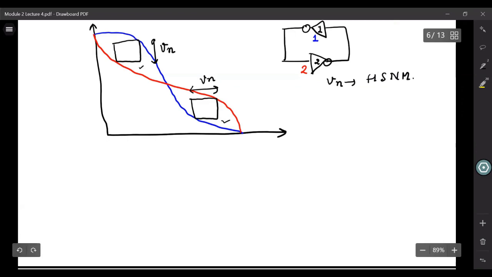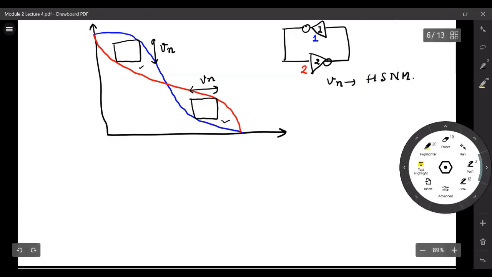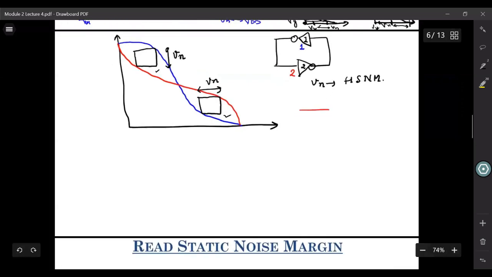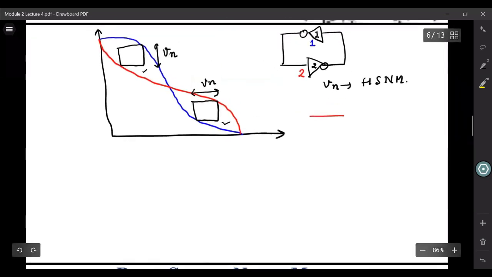Now a question arises: why does that even make sense? Why do we fit in a square? Let me answer that. Let us draw the circuit with noise present, as we have drawn for the worst case polarity.